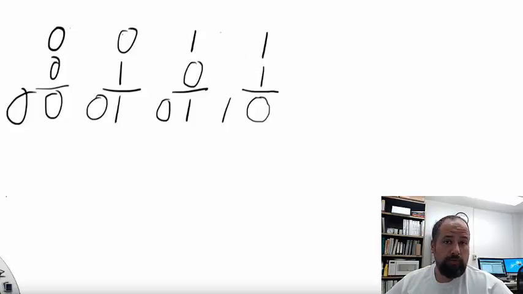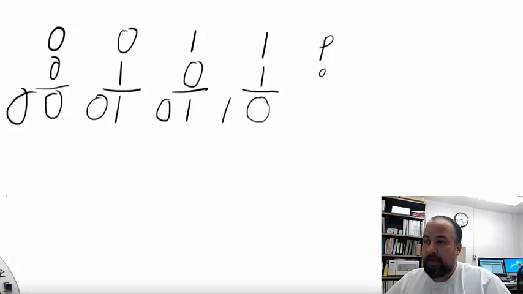What we could do is represent this information as a truth table. Let's say that this is P and this is Q, right?